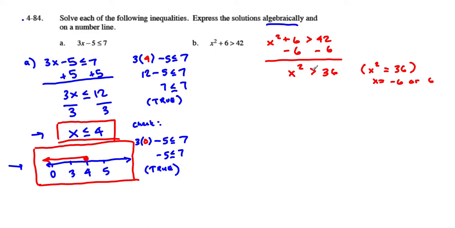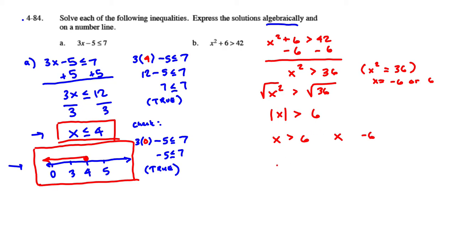So we're going to take the square root of x squared. We're going to take the square root of 36. We're going to have the absolute value of x is going to be more than 6. So think of values that would make this true. We know our boundary points are going to be at 6 and -6.